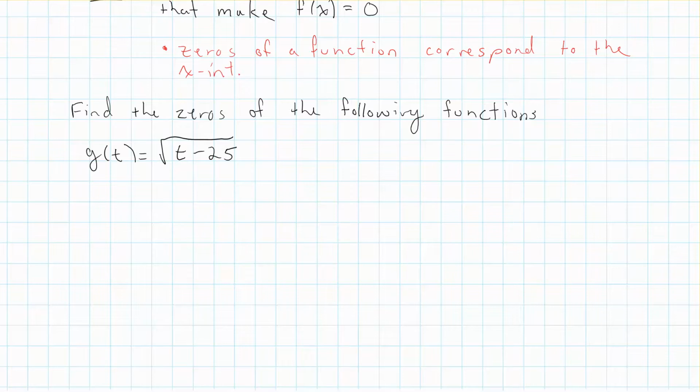Now, as I said, what we're going to start with for all of these is writing down what the domain is. So my domain, well, what do we know? This is a square root, so t minus 25 has to be greater than or equal to 0. So t has to be greater than or equal to 25.